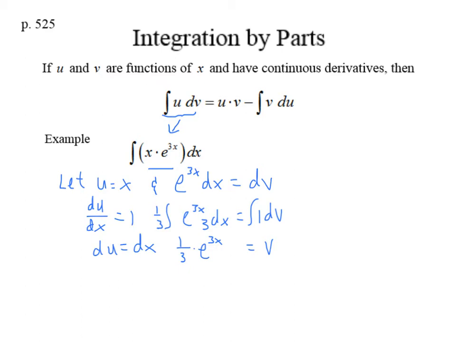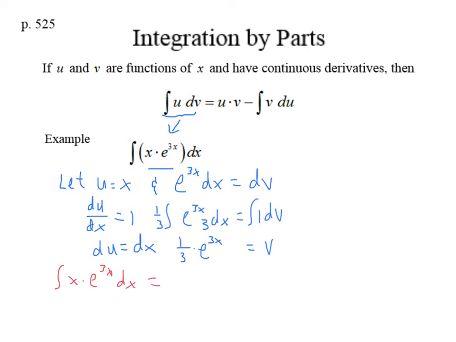So now we know what every piece is over here. We know what u is, we know what v is, and we also know what du is. So it's time to do some substituting in here. I think I'm going to change colors now. So we've gone into a new phase here. We have that the integral of x times e to the 3x dx is going to equal my u times my v.